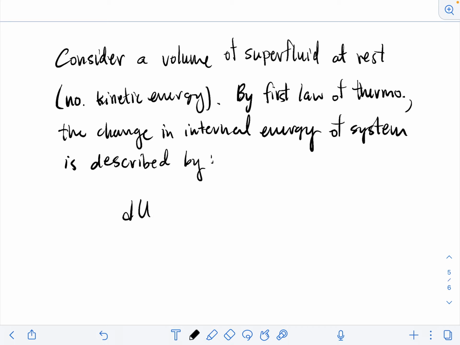I'm going to put a subscript 0 on here just to remind ourselves that this is going to be used to describe the superfluid at rest. So the 0 means at rest. So it's TdS, which is the heat, minus P dV, which is the mechanical work, plus mu dN, which is the chemical work.